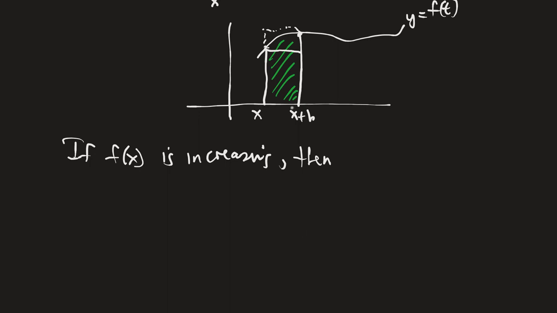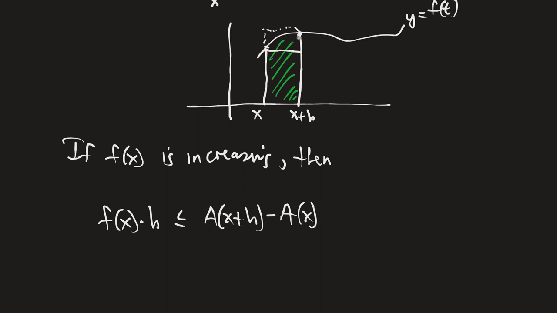That's the width, right? So we would have f of x times h, and that would be less than or equal to the area under the curve, which we showed earlier was the difference, A of x plus h minus A of x, right?